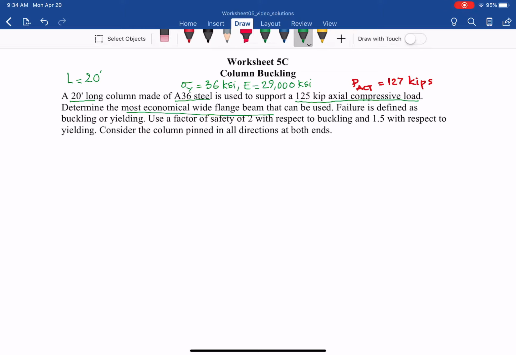Failure is defined as buckling or yielding. So both, we have to consider both. Use the factor of safety with regard to buckling is 2, and the factor of safety with respect to yielding is 1.5. And consider the column is pinned in all directions at both ends. So from that, as you can see, this problem is similar to worksheet 5A, part A, that both ends in all directions are the same.